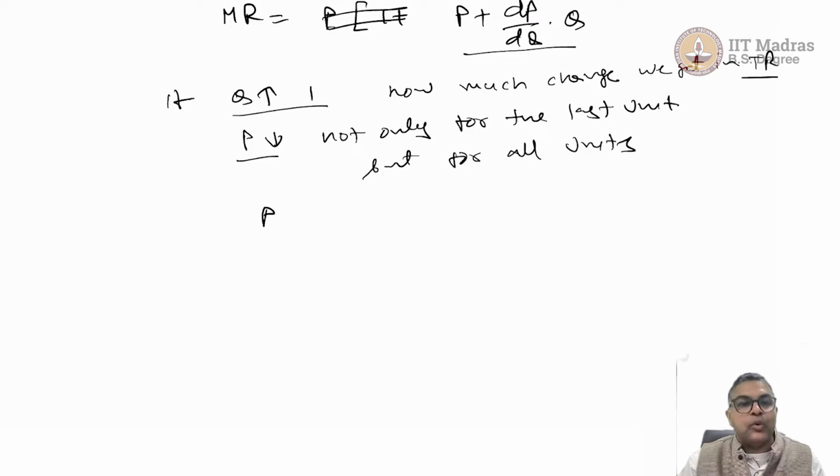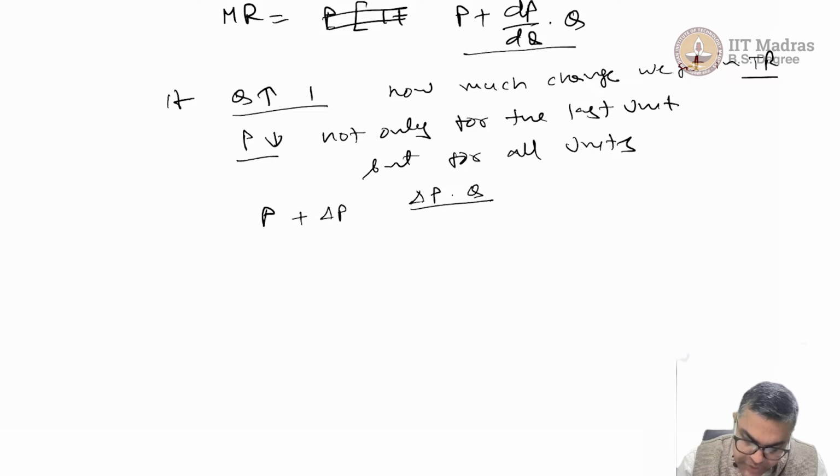So if Q goes up by 1 unit at that price, how much would be the additional revenue? That's going to be equal to P, as we had in the perfectly competitive market setting. But here we have a slightly different result. Because Q has gone up, P has come down. So now from each of the units, let us say P has come down by delta P, you will get delta P less. Of course, Q is going up, so delta P is negative. So this is what you will get, delta P multiplied by Q less.